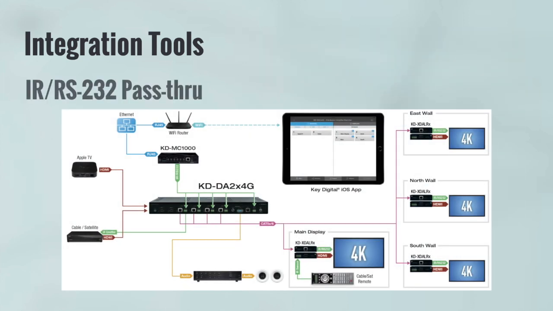The IR and RS-232 pass-through makes integration very easy in professional systems. You can take IR and RS-232 from a professional control system such as Compass Control Pro or any of the leading control system manufacturers.